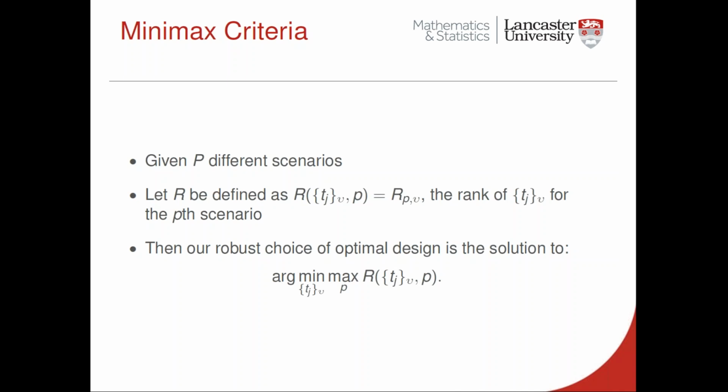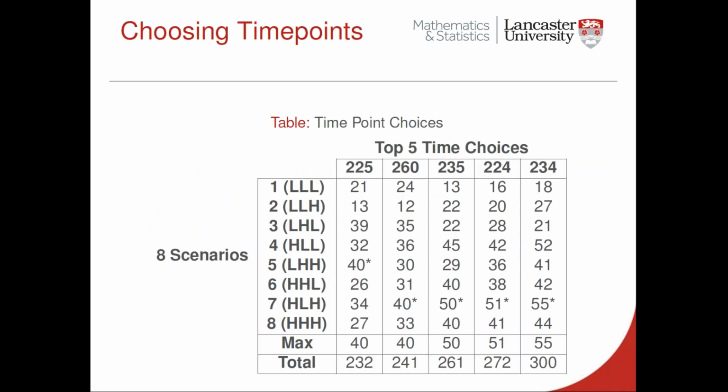So if I define R as my rank in my scenario P, then a robust choice of optimal design is the design for which the worst of the ranks for a given set of time points is minimized. In other words, I'll choose the worst amongst the best. Sorry, the best amongst the worst.